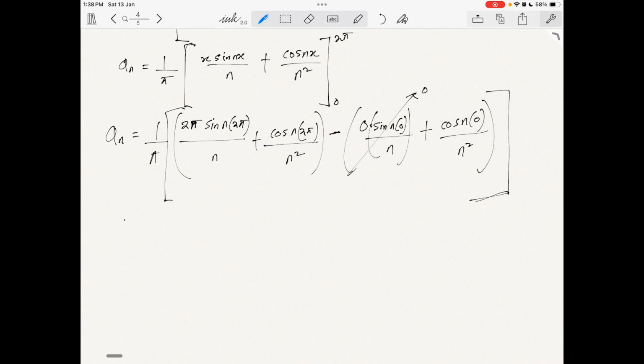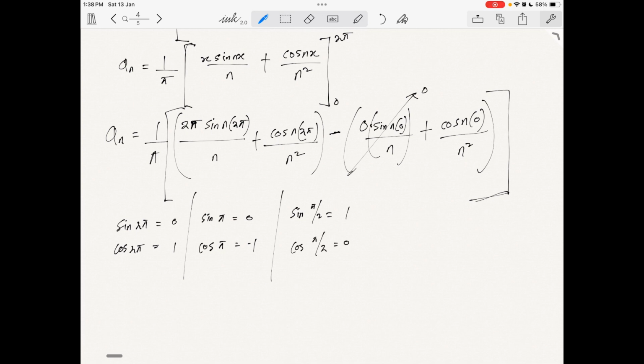And we can as well recall that sin 2 pi to be 0, cos 2 pi to be 1, sin pi to be 0, and cos pi to be minus 1, sin pi over 2 to be 1, cos pi over 2 to be 0, sin 3 pi over 2 to be minus 1, and cos 3 pi over 2 to be 0. This is what we did in the introductory video.